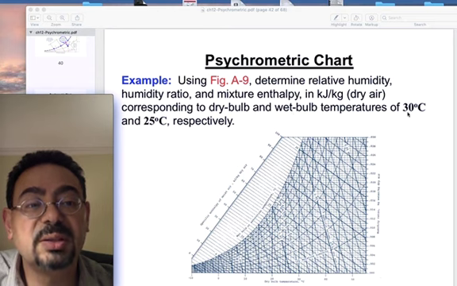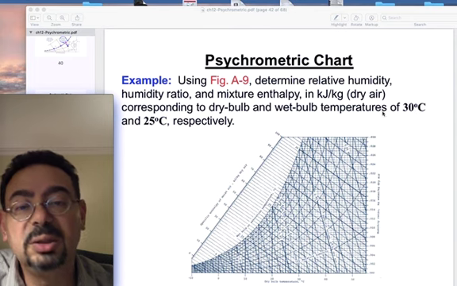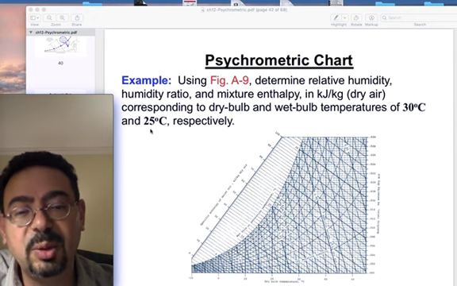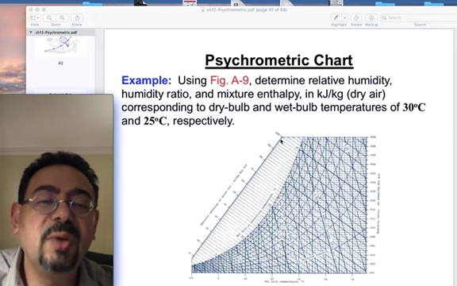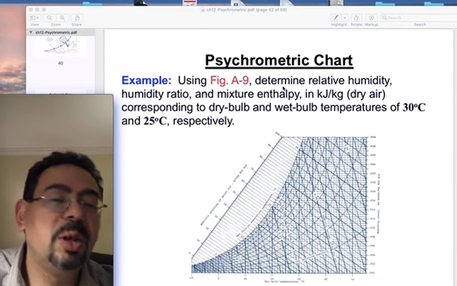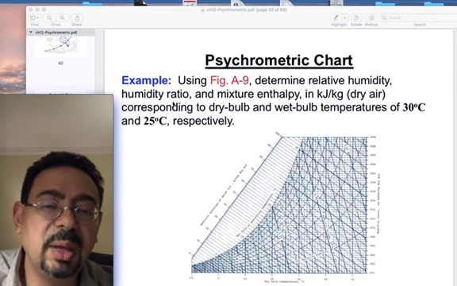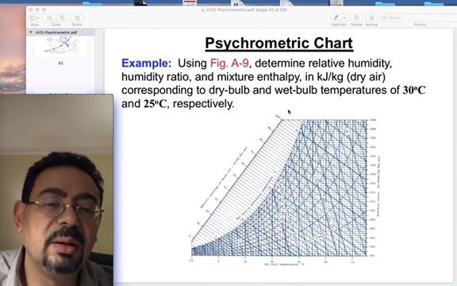So he gave us 30 degrees and 25. I don't even need to know which is the dry; I bet the hotter one is the dry and the colder one is the wet. So 30 and 25, and he will ask for all kinds of things: give me the phi, give me the omega, give me the enthalpy, right?